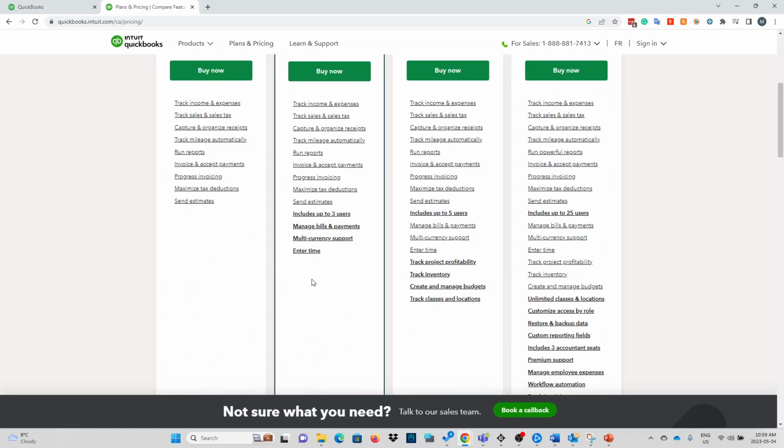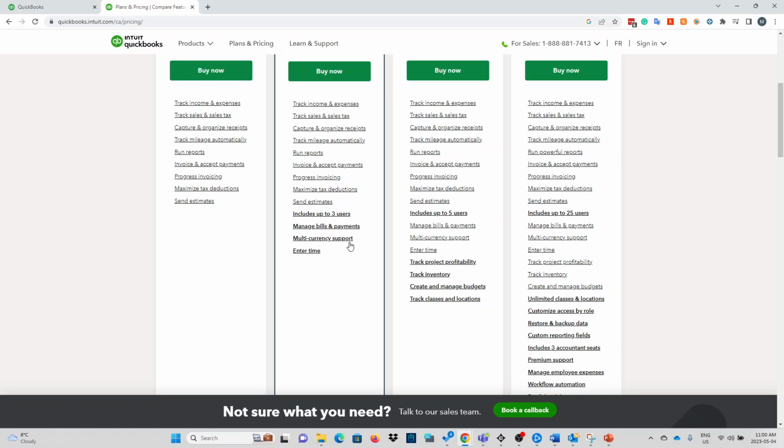Also, if you have a team, if you're not the only owner doing all the work, if you have someone helping you out, then you would need an Essentials plan. Bills and payments are important. For example, say your phone bill: you can enter the bill now, say today is the 1st of May.